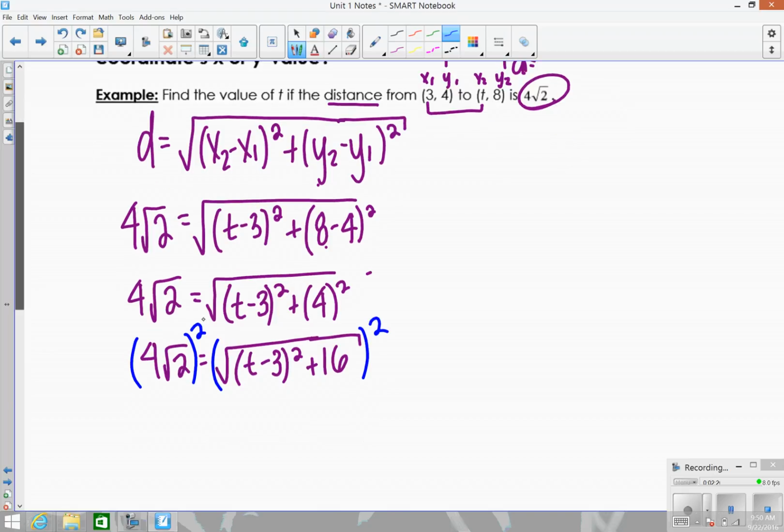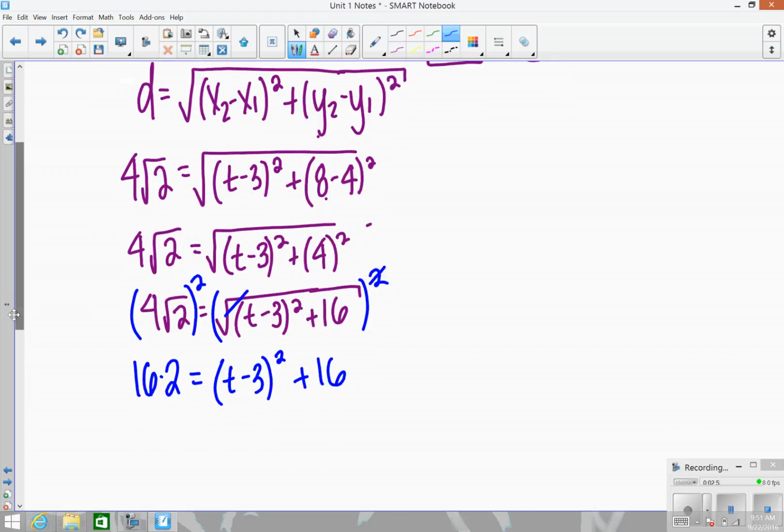So when I square the left-hand side, think of it as you have to square each piece. If you square 4, you get 16. If you square a square root, they cancel each other out. So you get 2. Square root of 2 squared is 2. And on this side, the square and the square root cancel each other out. They undo each other. So you're left with what's underneath: (t minus 3) squared plus 16.